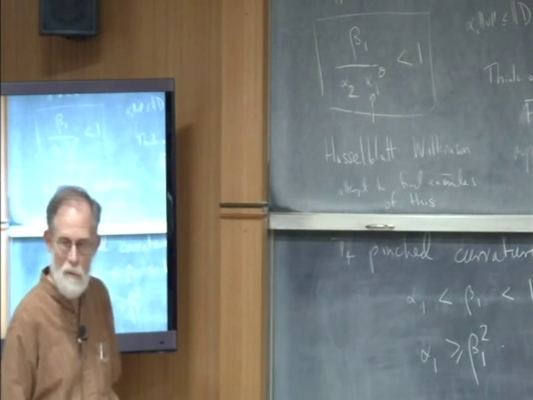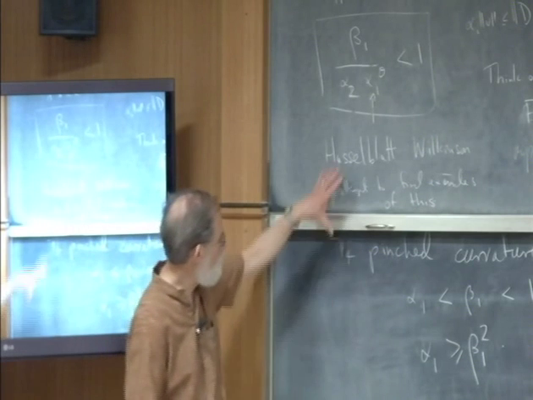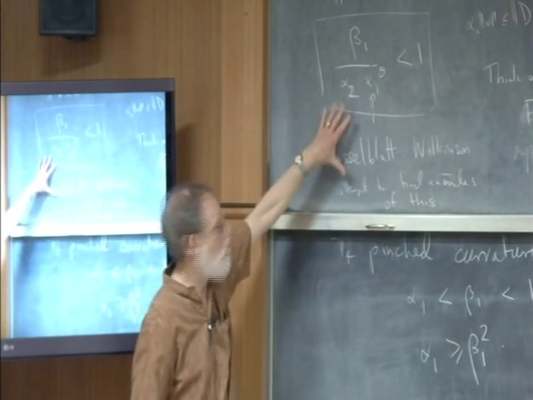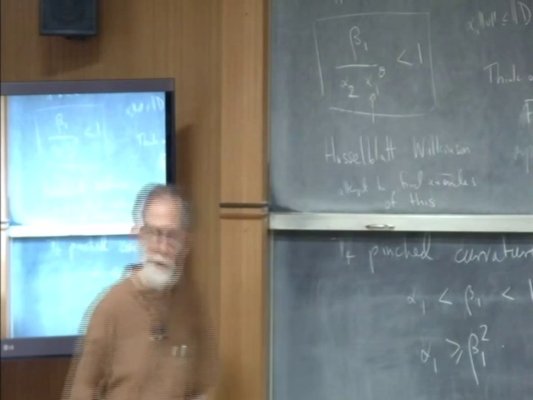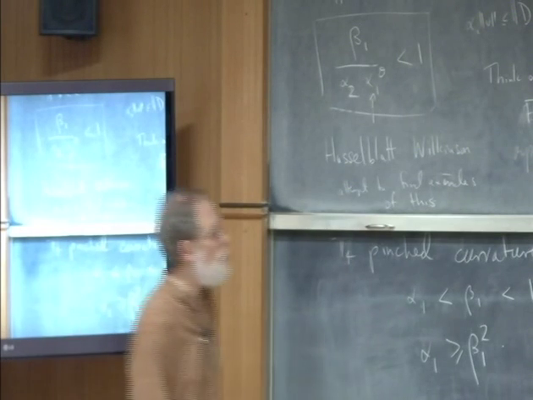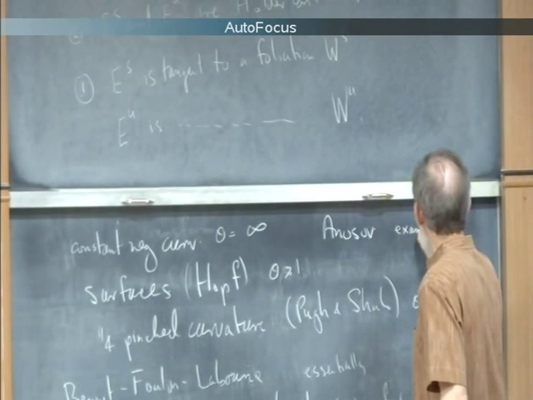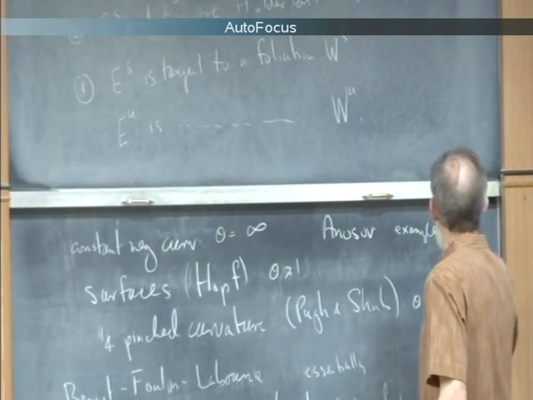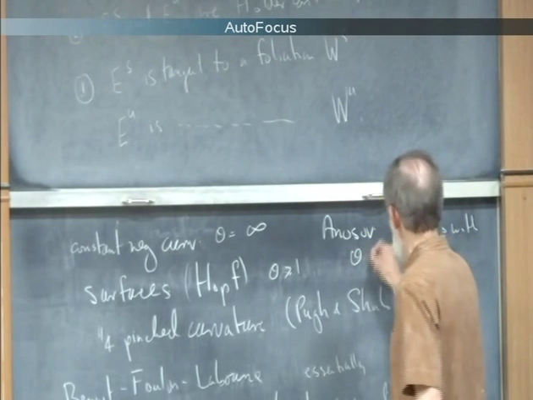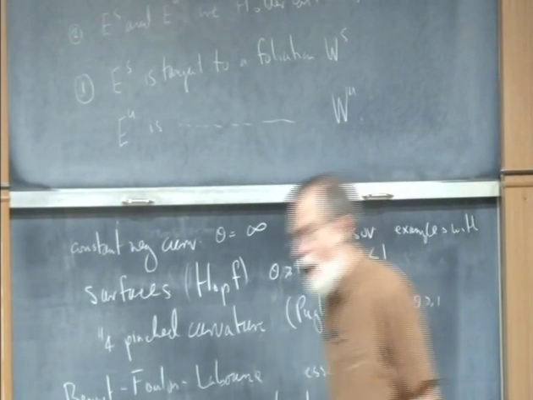But there's a lot of reason to think that doing better than this theorem predicts is exceptional. And the other thing I should mention is that Anosov was the first one who gave examples where the best theta is less than 1.